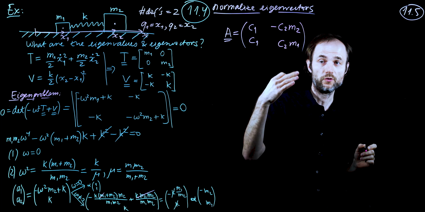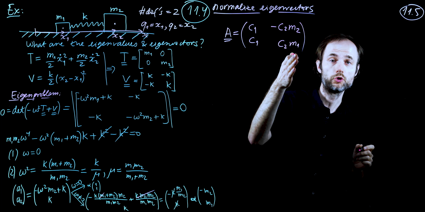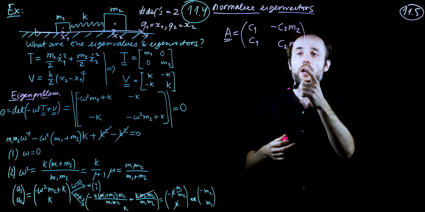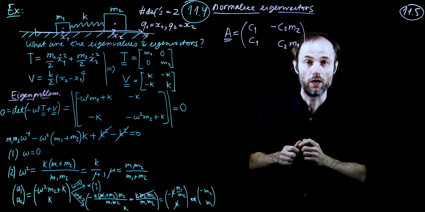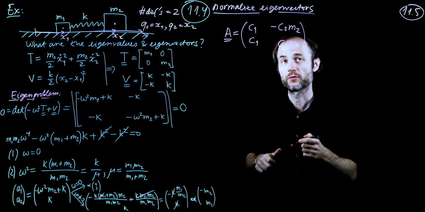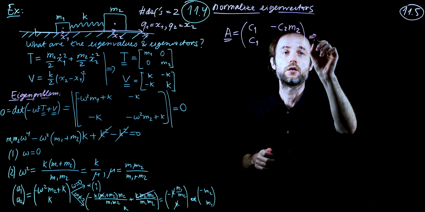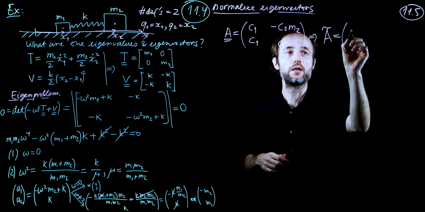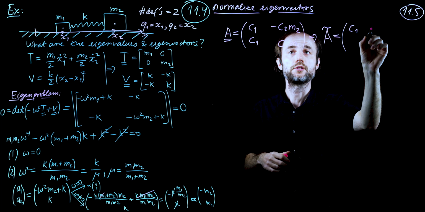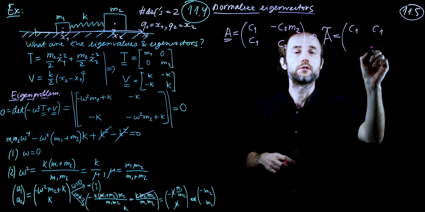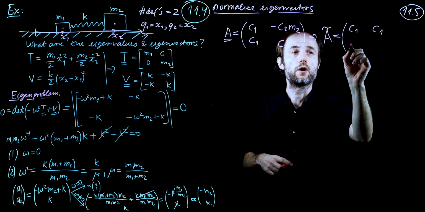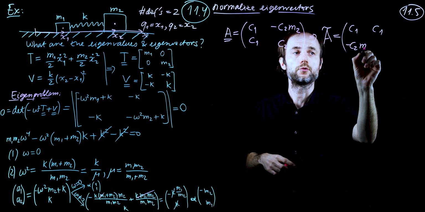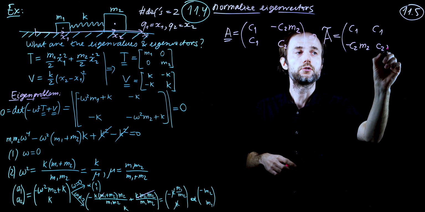Remember, the second one we found was proportional to minus M2, M1, and so C2 is the normalization of this eigenvector. The transpose of matrix A is going to be C1, C1, minus C2 M2, and C2 M1.